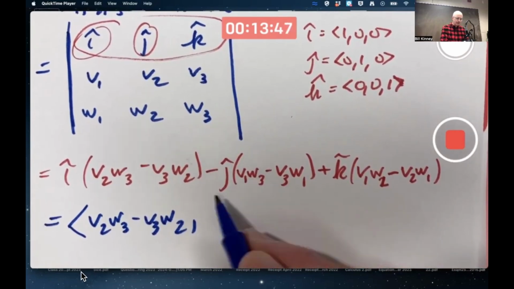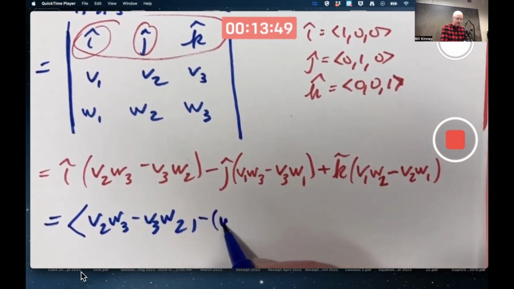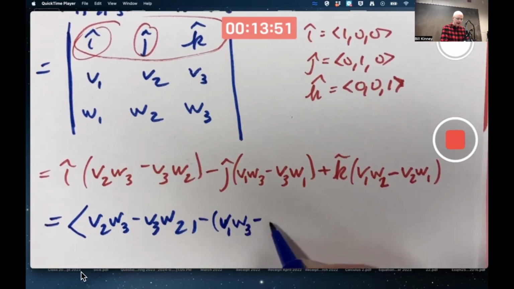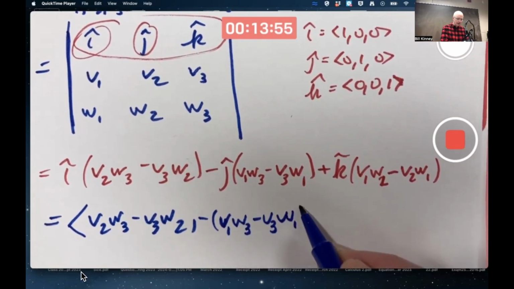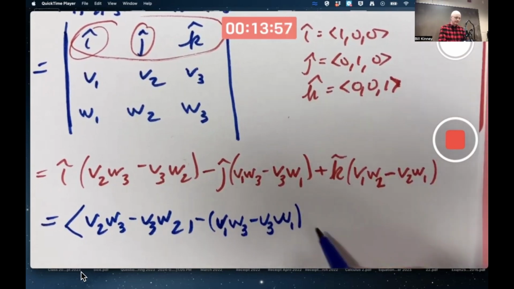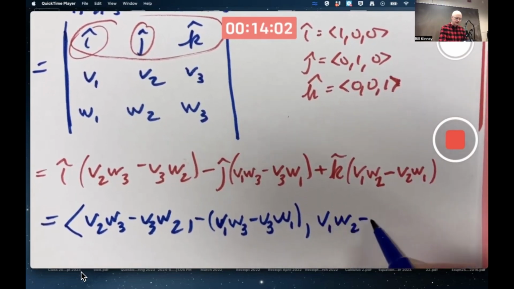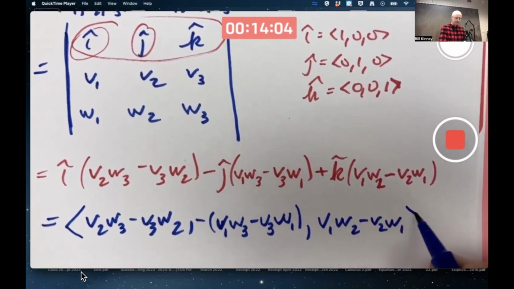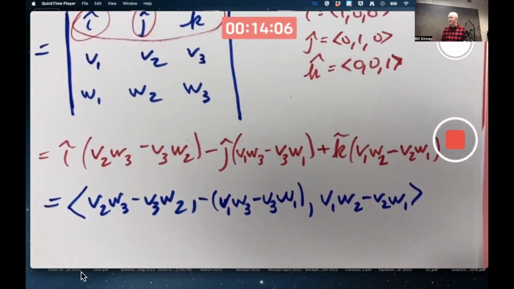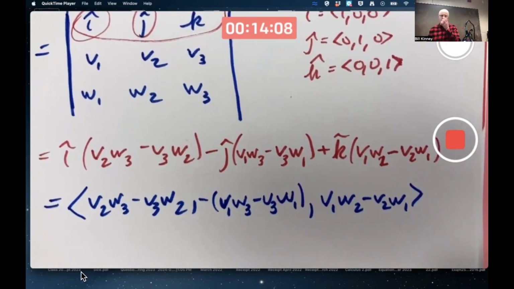We'll go ahead and write this thing with the minus sign there in front and use parentheses. Though, of course, you can bring the minus sign through the parentheses and write this without the minus sign in front. And then the last component is this. That's the book's initial formula, initial definition of the cross product.